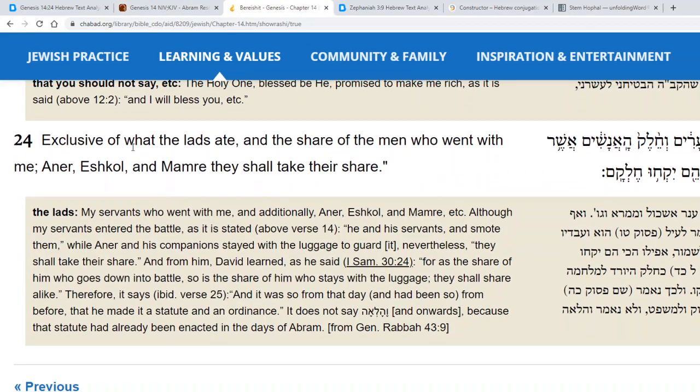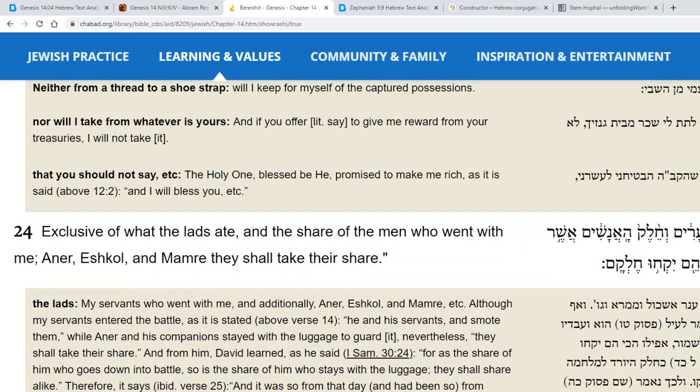And Chabad: Exclusive. Biladi rak. I would translate it a little bit differently. Biladi rak asher, I would say for myself. I wouldn't take anything for myself.